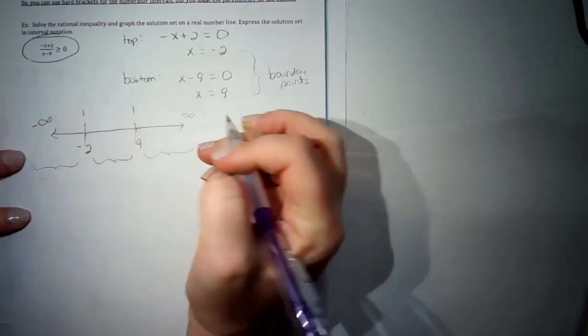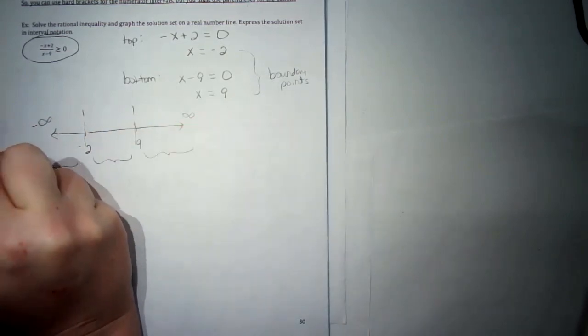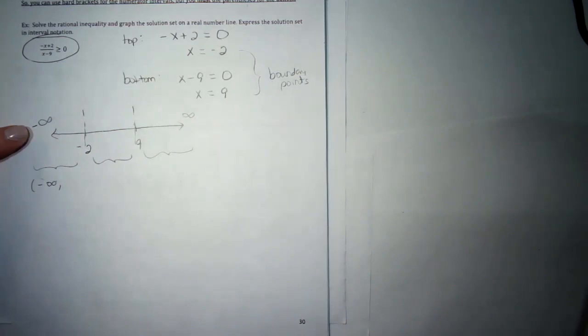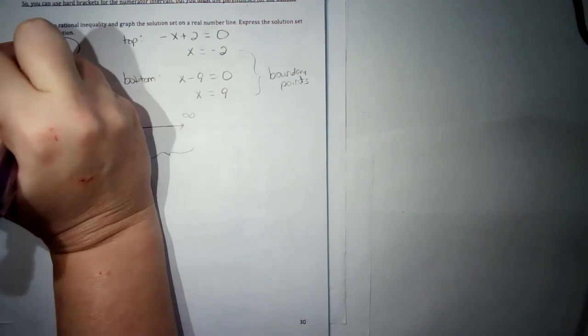Here's the difference. Besides the fact that the top and the bottom create your boundary points, let's write what our intervals are. This is going to be negative infinity to -2. -2 came from the top. If it comes from the top, you use whatever the inequality says to use.